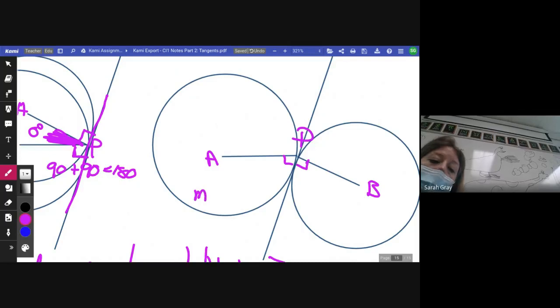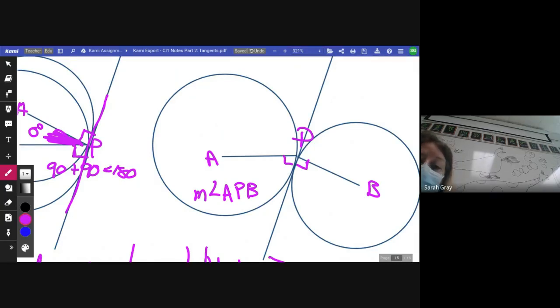So what is the measure of angle APB? Lily? Should be 180 because it's 90 plus 90, right?